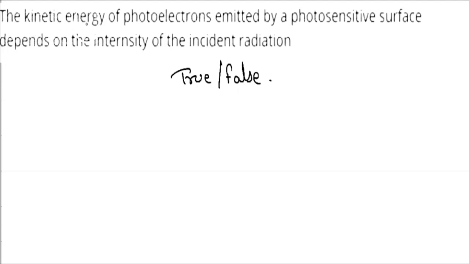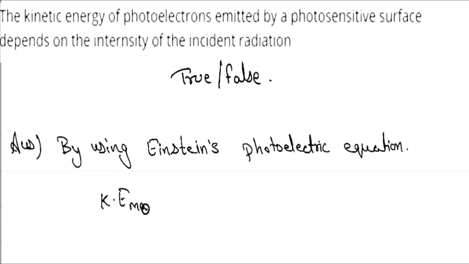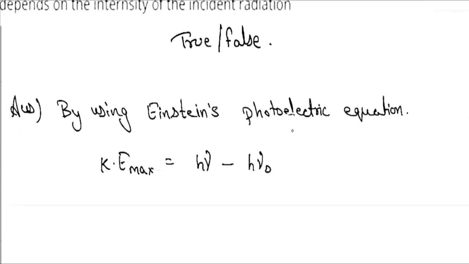When we talk about the kinetic energy of photoelectrons, we use Einstein's photoelectric equation, which states that the maximum kinetic energy is equal to the energy of the incident radiation minus the work function.